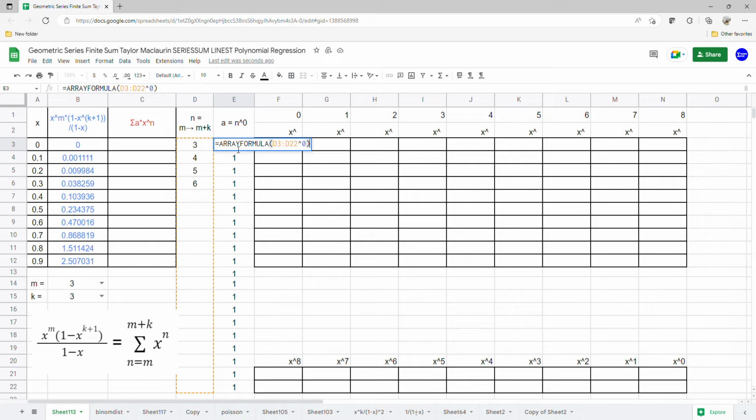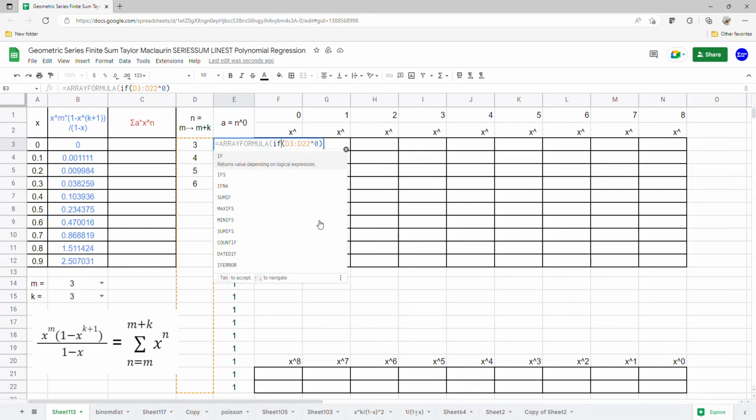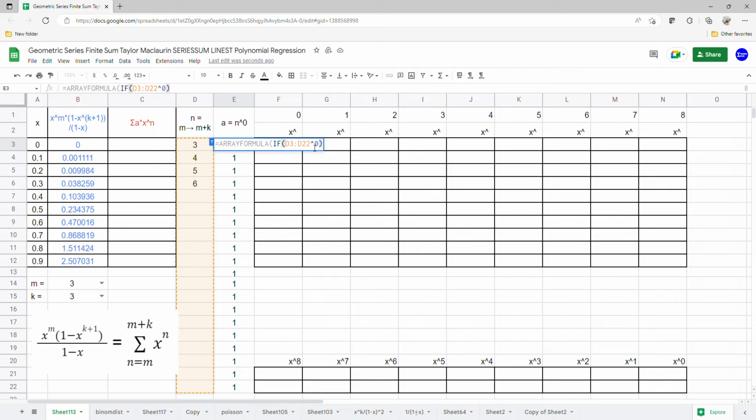So if this is empty, then 0, otherwise D2 to D22 raised to the power 0. Now it's corrected. So if this is empty, this should be 0.